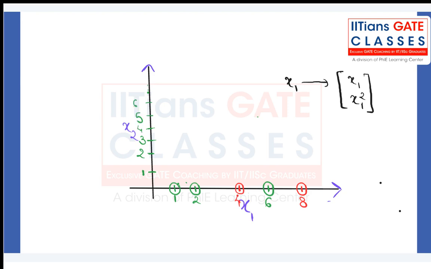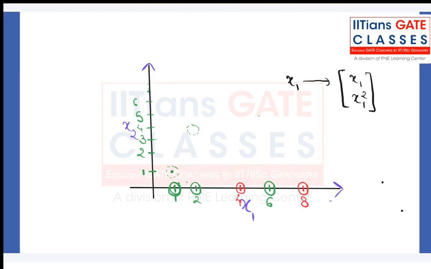So my value that is labeled 1 is now 1 comma 1, so it comes to here. 2 becomes 2 comma 4. 4 becomes 4 comma 16, which falls somewhere around here, on the top. 8 comma 64 falls here.